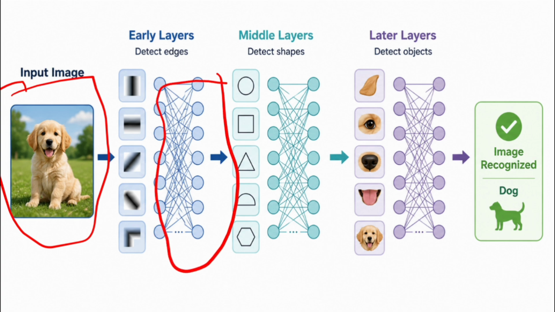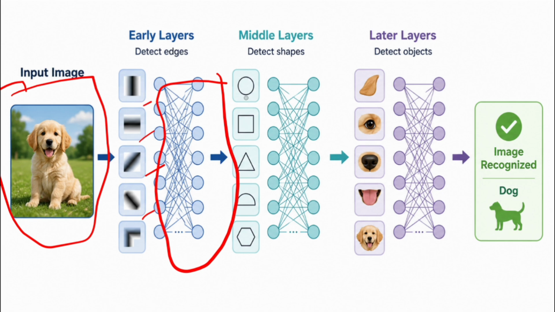The image enters a deep neural network. The network contains multiple layers. The early layers begin to detect very simple details such as patterns, texture, background, lines of the image, vertical edges, horizontal edges, corners, light and dark regions, and different directions of the lines.